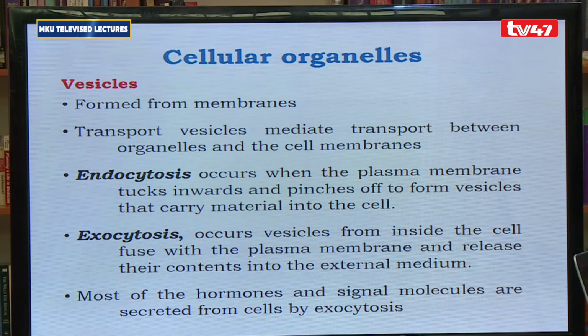For example, hormones and signal molecules are secreted from inside the cell to the outside through a process known as exocytosis. So yes, the endoplasmic reticulum performs the transport process, but for especially large molecules, endocytosis and exocytosis using vesicles help in the movement of those substances.